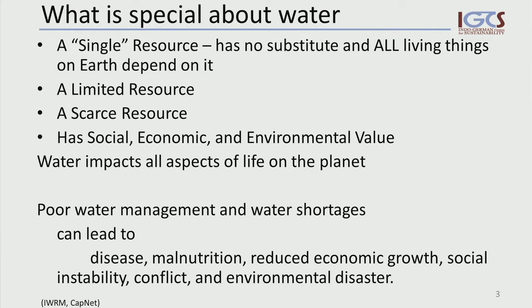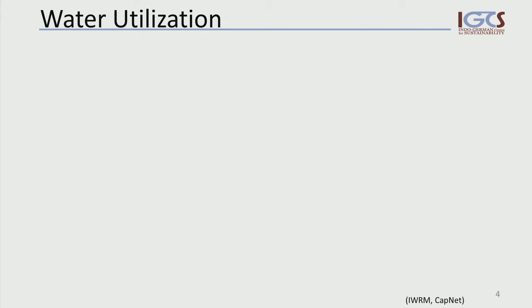Poor water management or water shortages will lead to diseases, malnutrition, reduced economic growth, social instability, conflict and environmental disasters. And that's why we have to deal with this in courses like Sustainable River Basin Management.